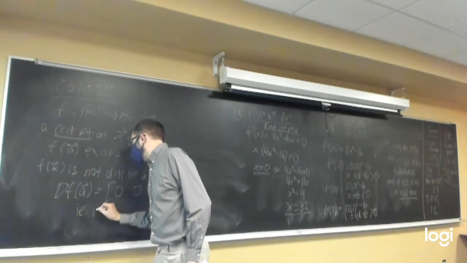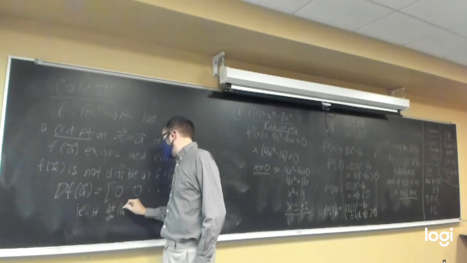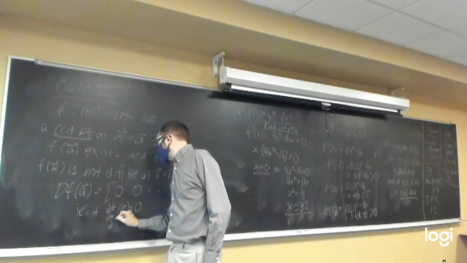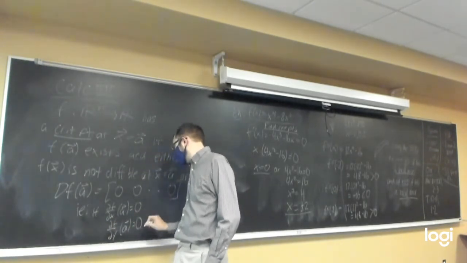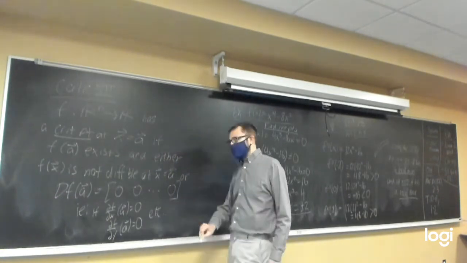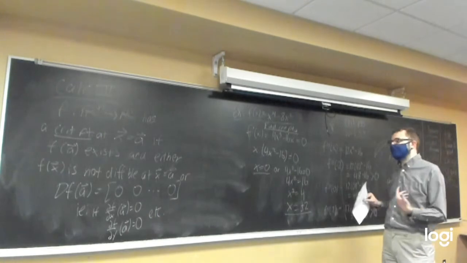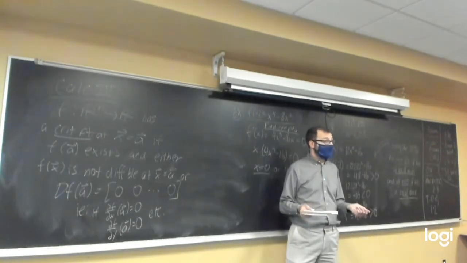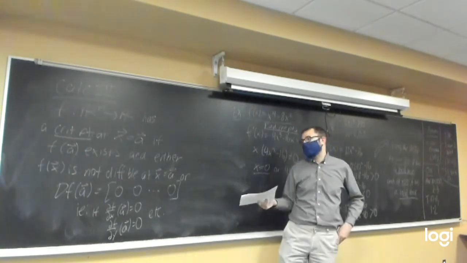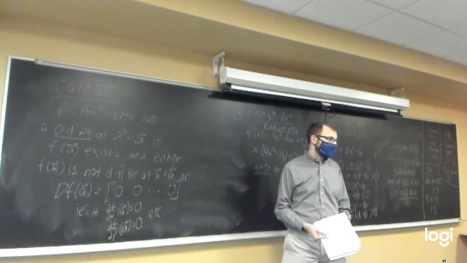So in other words, if del f del x evaluated at a is 0, del f del y evaluated at a has to come out to 0, etc. Meaning all of the partial derivatives of f evaluated at a need to be 0 in order to have a critical point. Or the other way you can have a critical point is f of x is just not differentiable at a.